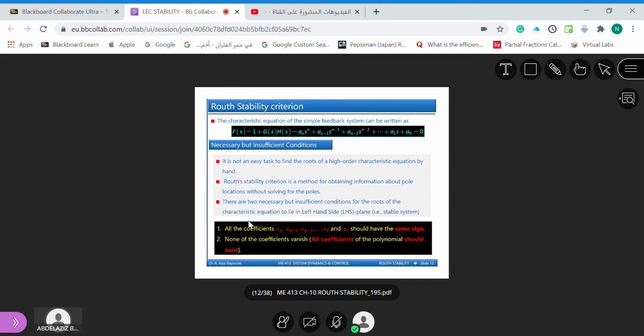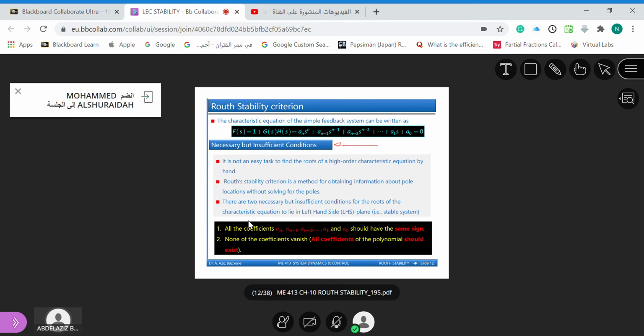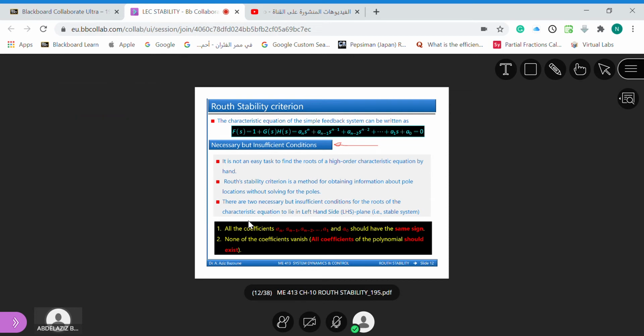One of these conditions, necessary but insufficient, is this: if all coefficients of the characteristic equation have the same sign, the system could be stable, not 100% stable, but could be. Also, if none of the coefficients vanish, all the coefficients of the polynomial should exist, it could also be stable. As you can see, it is necessary, but not sufficient.